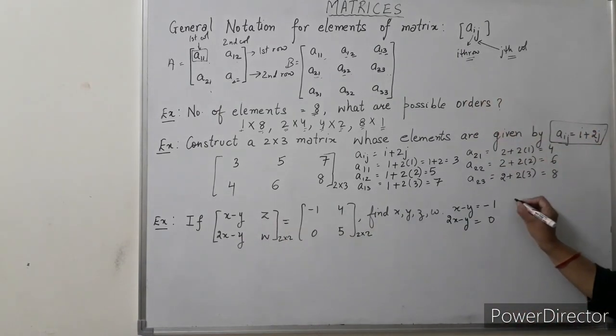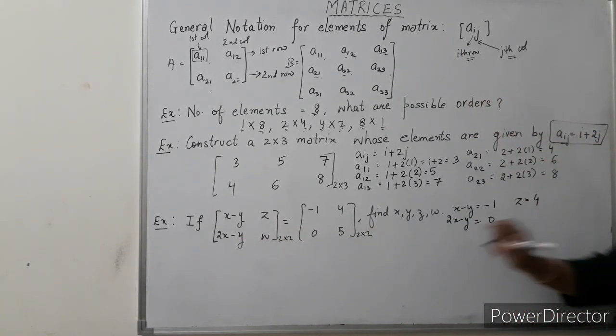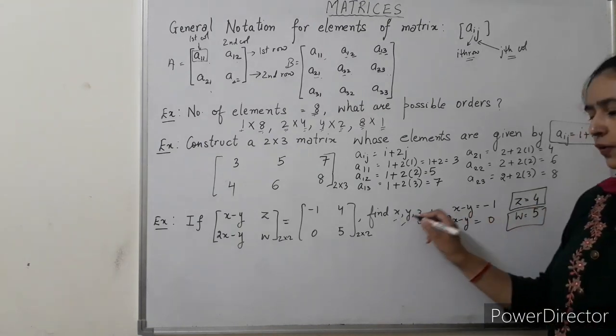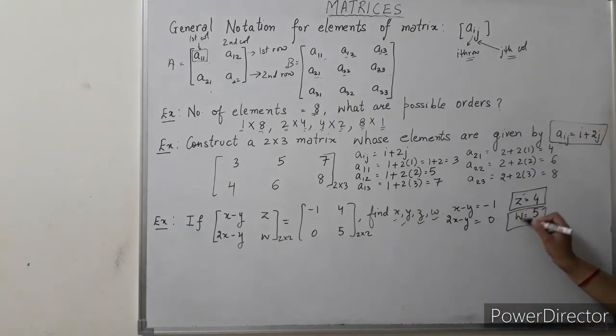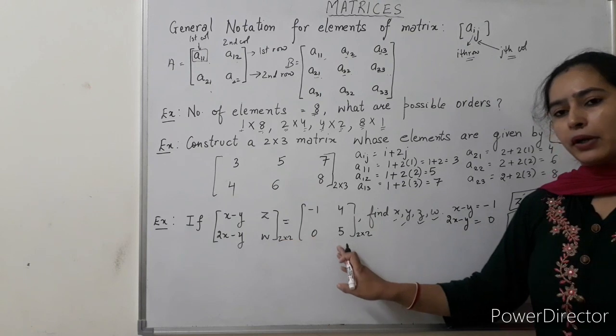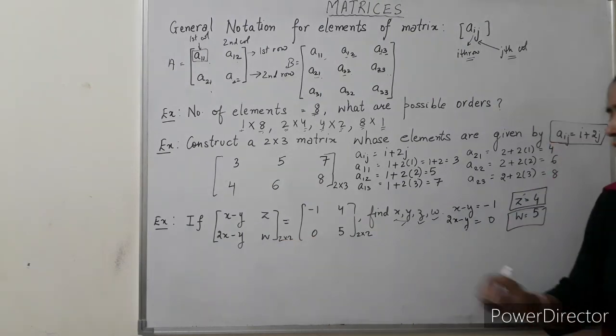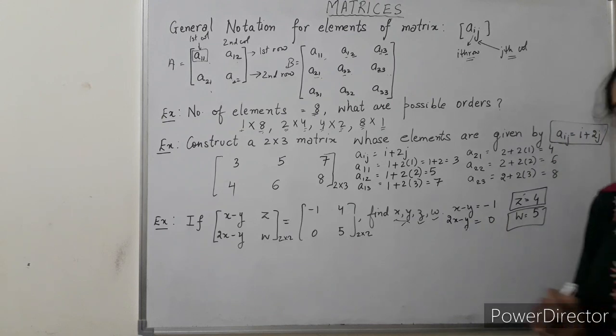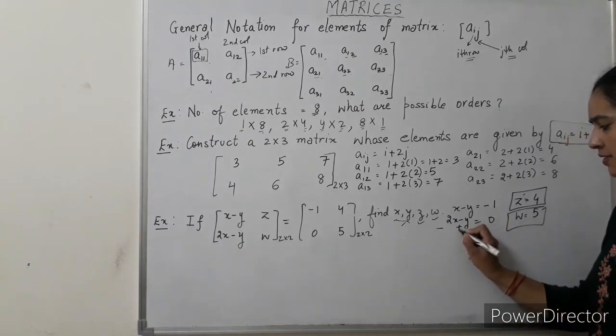Now z is equal to 4 and w is equal to 5. So we have calculated the value of z and w directly. We have to find z, w, x, y unknowns. So z and w can be determined directly by comparing these two matrices. Now we are left finding x and y. We have two equations and two unknowns. Subtract these two equations.